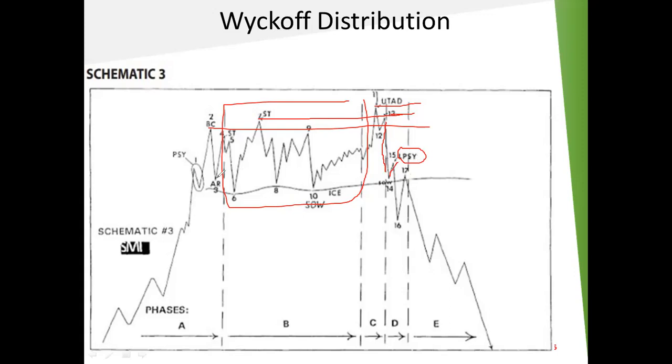But when we go to distribution, this last point of supply occurred on the automatic rally kind of thing. This was the LPS, last point of support, and then price went downwards. Here they have incorporated an ice theory, falling through the ice.